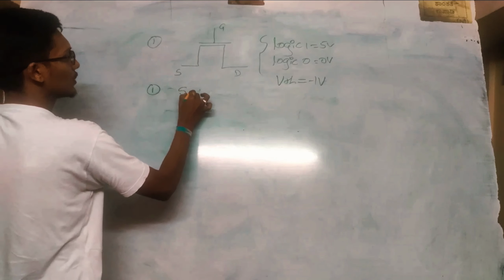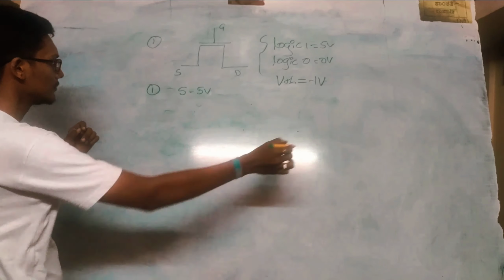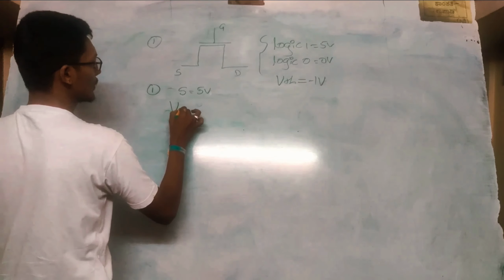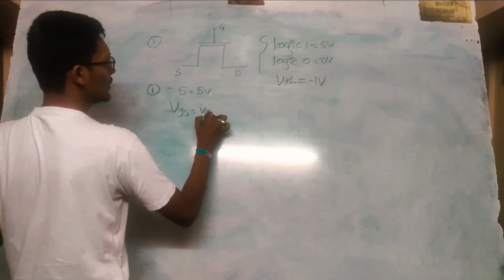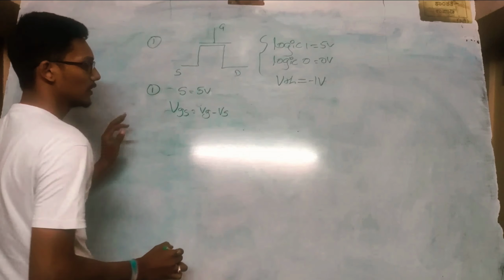I'll take S equal to 5 volts. Let me calculate VGS. VGS is equal to VG minus VS. You know this formula. VG is the gate voltage, that is 0. To keep the PMOS on, the gate voltage should be 0, right? So VG is 0 volts minus VS, which we have considered as 5 volts.